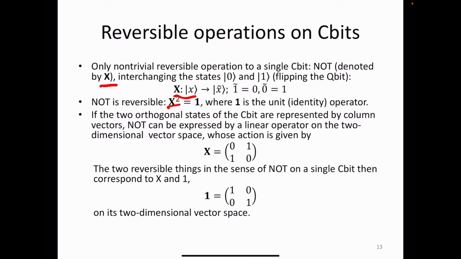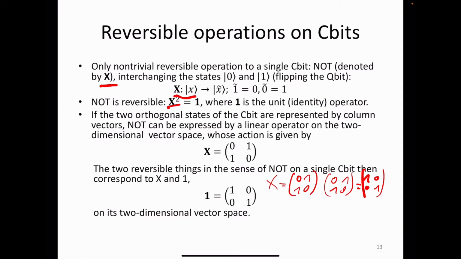If we look at that X transformation, which is given by this matrix here, and we execute 0 times 0 plus 1 times 1, then we have 0 here, we have 0 here. So that gives you the identity transformation if you do that calculation.